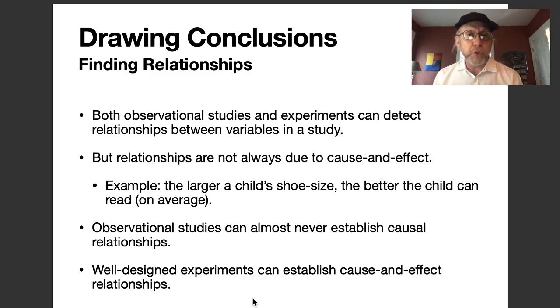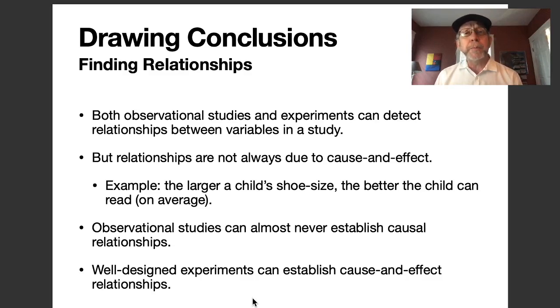Children that wear larger shoes will tend to have more advanced reading abilities. Is that because big feet cause better reading abilities? Of course not. What's actually happening here is that as children age, their reading abilities get better and their shoe size gets larger. So this is an example of what statisticians call confounding.